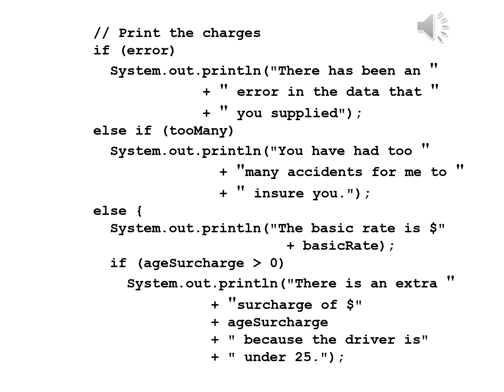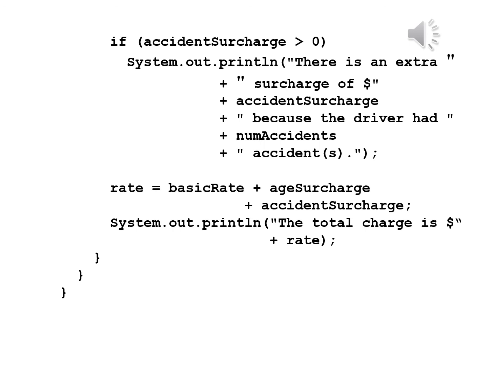Else, System.out.println, the basic charge is $, and then afterwards, BASIC_RATE. If ageSurcharge is greater than 0, System.out.println, there is an extra surcharge of $, ageSurcharge, and then afterwards, because the driver is under 25. Let's deal with the accident surcharge if there is one.